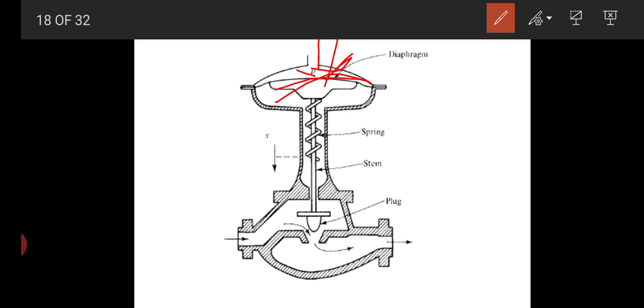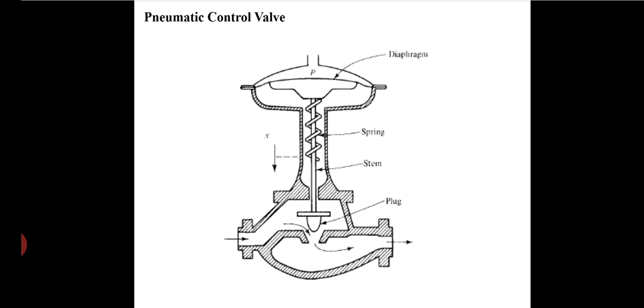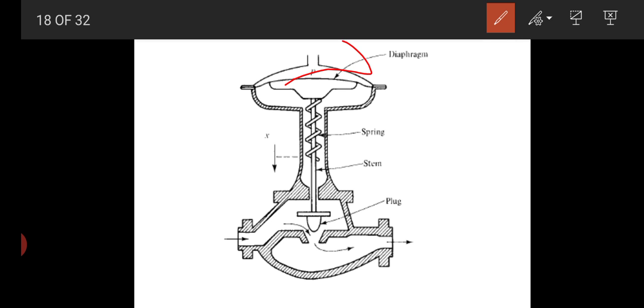This pressure is denoted by P in the picture. P is the signal that opens or closes the valve, and A is the area of the diaphragm.